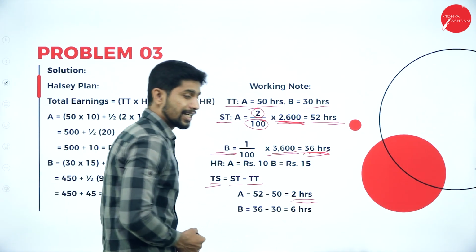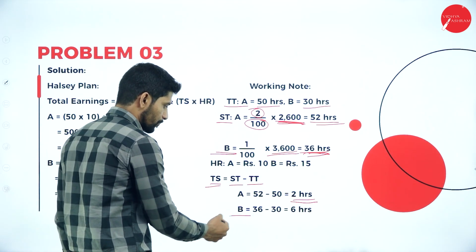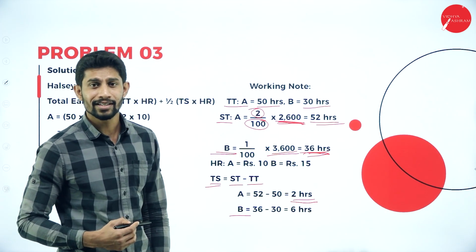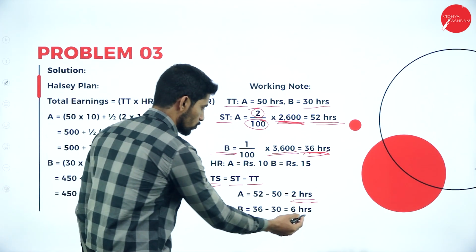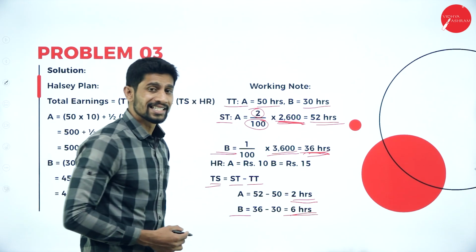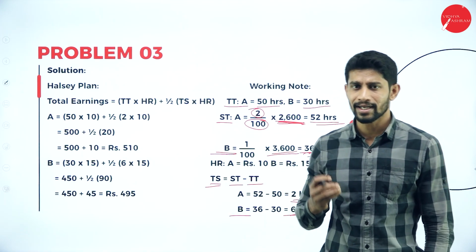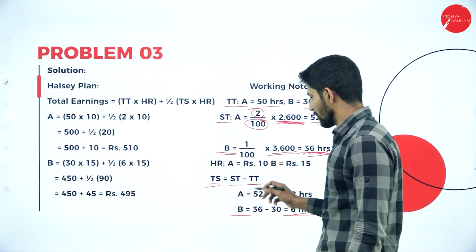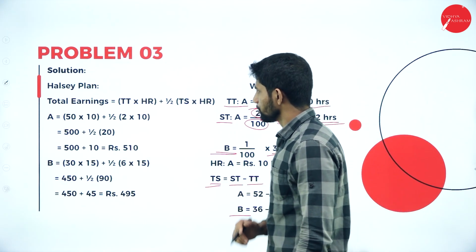This 2 hours is time saved by Mr. A. Next, Mr. B. Standard time is 36 hours. The time taken by Mr. B is 30 hours. So time saved is 6 hours by Mr. B. So now we got to know the standard time and the time saved by Mr. A and Mr. B, that is worker A and worker B.